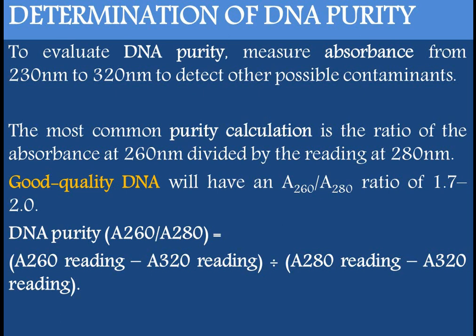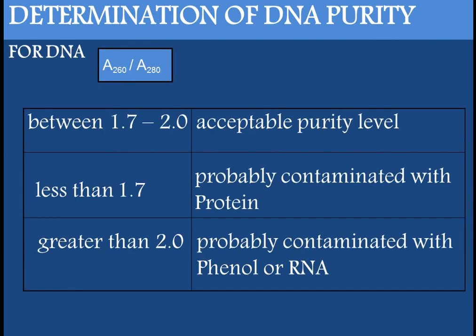DNA purity is the ratio of the absorbance at 260 nanometer divided by the reading at 280 nanometer. A good quality DNA will always have a ratio between 1.7 and 2. You can calculate the purity by the absorbance at 260 divided by the absorbance at 280.